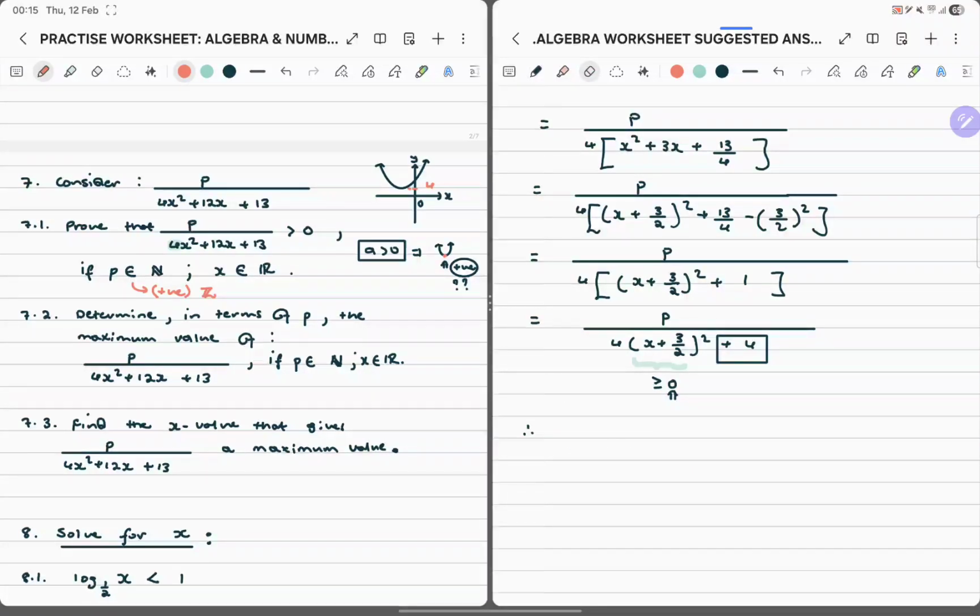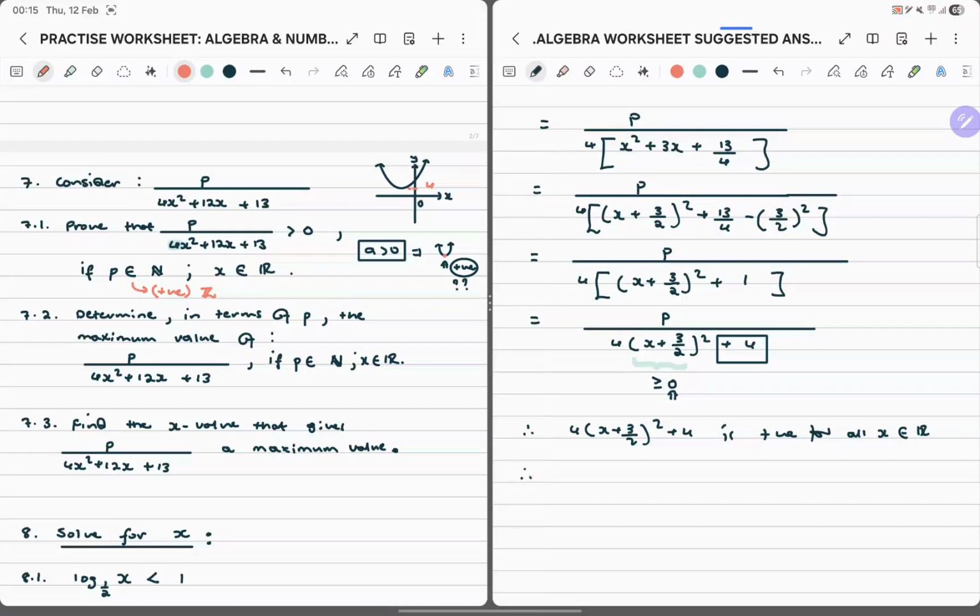Therefore, we know that 4 into x plus 3 over 2 all squared plus 4 is positive for all x, an element of real numbers.